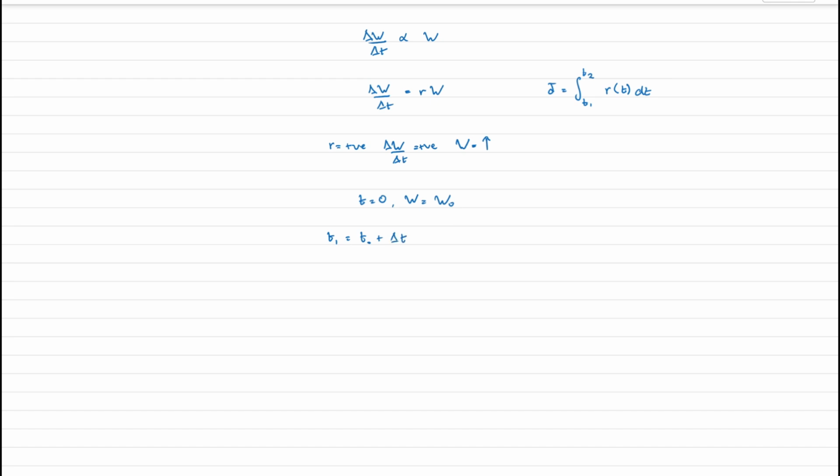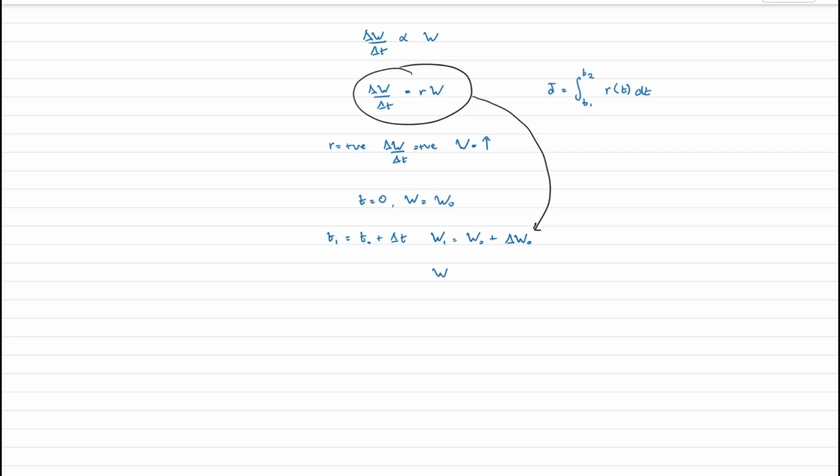And the value of W at that point is W1 equals W naught plus delta W naught. However, we can define delta W naught in terms of this relationship up here, which is our initial intuition, which is that the more assets you hold, the faster your wealth can grow. So I can plug that into delta W naught.